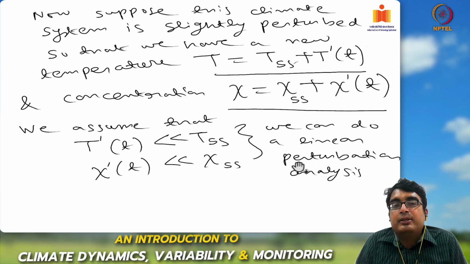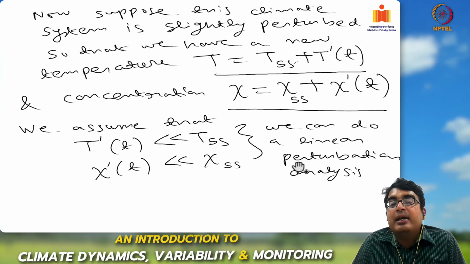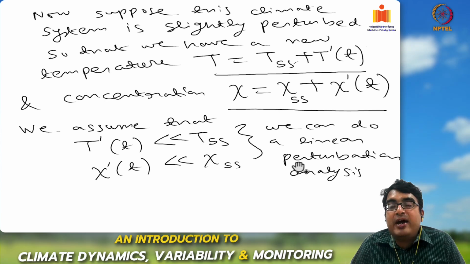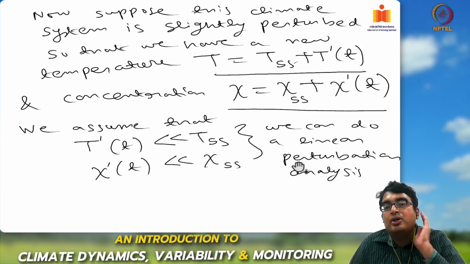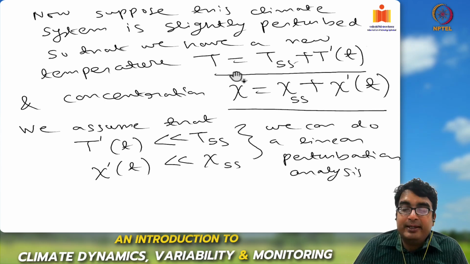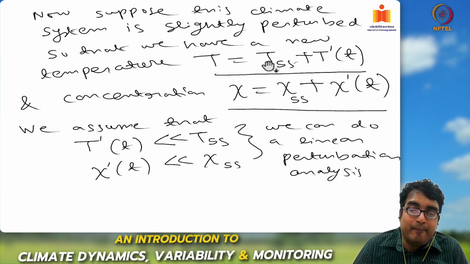Now suppose this climate system is slightly perturbed, so that we have a new temperature T equal to T_SS plus T prime. So the new temperature is time dependent and is equal to the steady state temperature plus a perturbation term T prime, which is dependent on time.